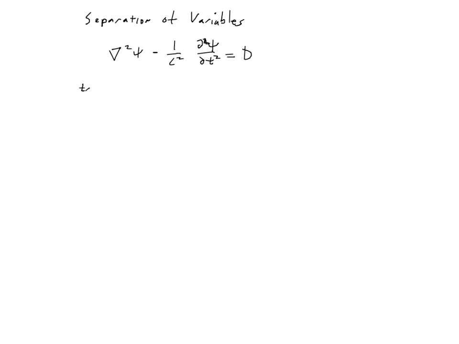So the way that this works with separation of variables is you're going to try a solution, just like we did before, where you're going to break it up and assume that you can have two parts of the equation, one which depends on position and the other one which depends on time. And these two parts are completely independent of each other, there's no cross terms.